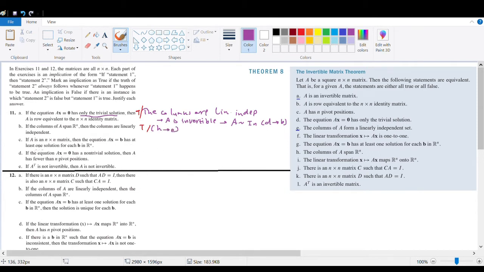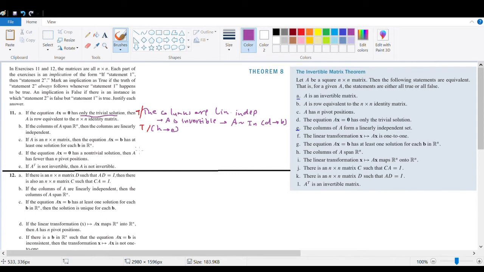Then C, if A is an n by n matrix, then the equation Ax is equal to b has at least one solution for each b in Rn. Is this statement true? Here we have the equation has at least one solution for each b in Rn, but this matrix A should be invertible.